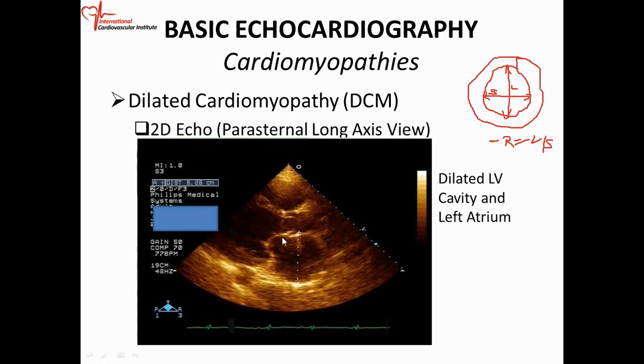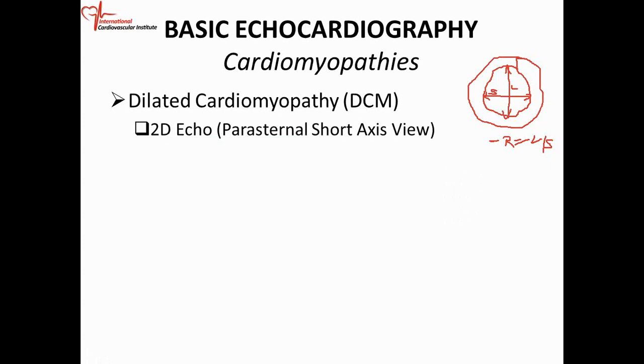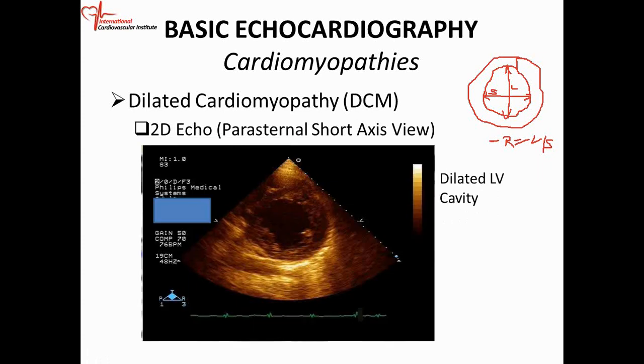So again, you do your measurement. You measure the left atrium, and the left atrium in this individual is 6.26, very dilated. You should do the left atrial volume index, however, it's more accurate. And this would be a good view to do your sphericity index. Again, when we say you do your sphericity index, you're going to measure the long axis.